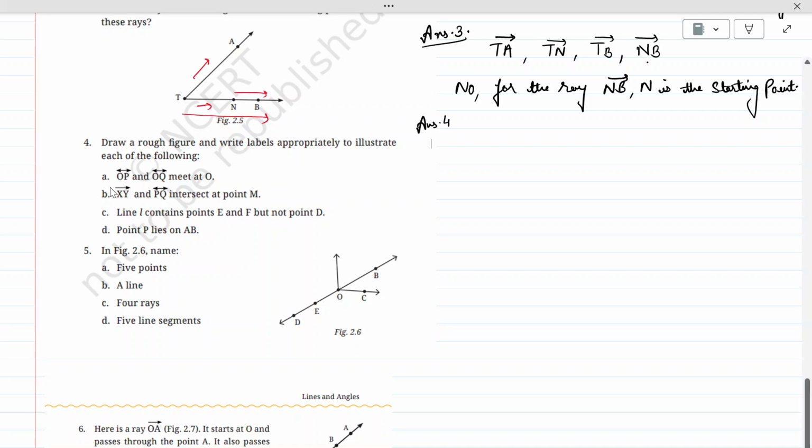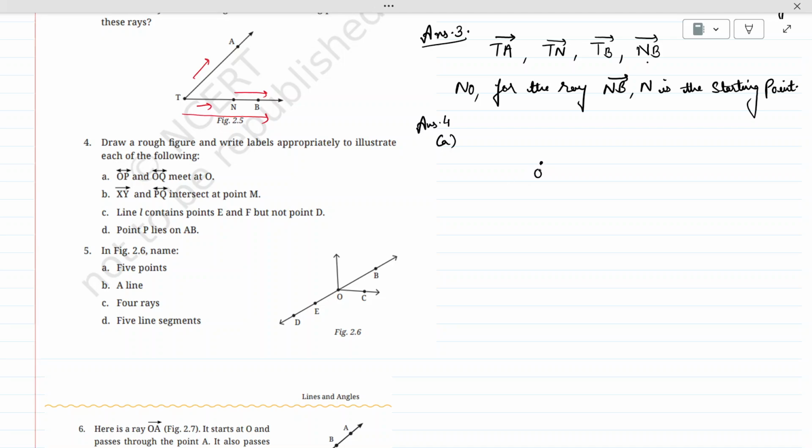The first part is OP, which is a line because it has arrows on both the sides, and OQ, which is also a line. They meet at O. Okay, so we have to make two lines which meet at O. We can make it in any form. So I am using this.